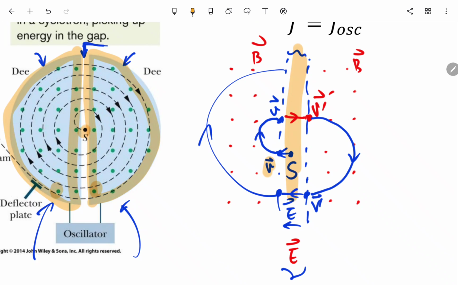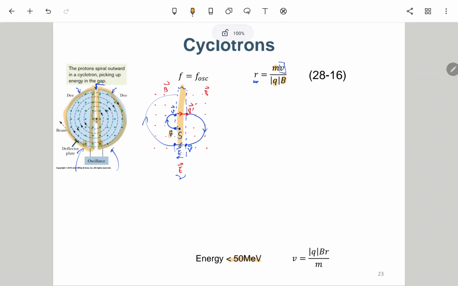Generating a large B field inside these two disks needs quite a lot of power. So this is the limitation. So if you're interested, you can see how fast is related to this energy.